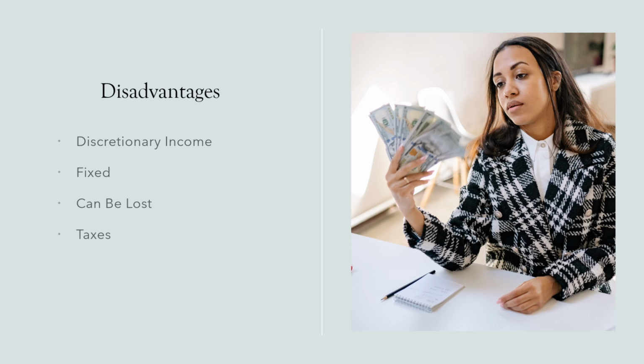So the longer you keep the money in their financial institution, their bank, or their credit union, the higher the interest rate. And that's to incentivize you to keep the money in their institution. Now, if you take the money out beforehand, they do have what we call penalties. So that's what I mean by it being fixed. The longer you keep it in, they give you an incentive, so the higher rate that they're going to pay you.